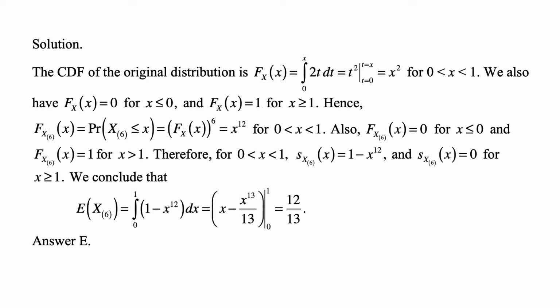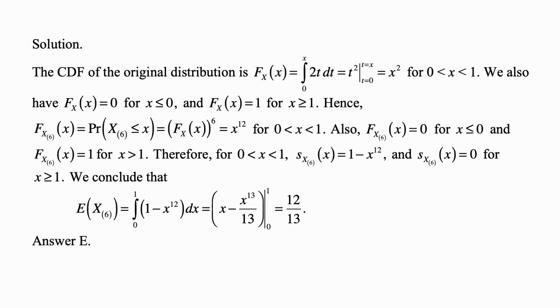Each such probability is F sub X of x, and there are 6 of them, independent, so we multiply them out, and this becomes F sub X of x to the 6th, which is x to the 12th for x between 0 and 1. Also, F sub X6 of x is 0 for x less than or equal to 0, and it's 1 for x more than 1.